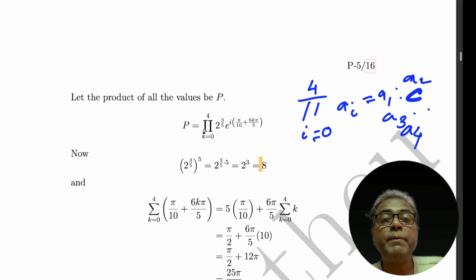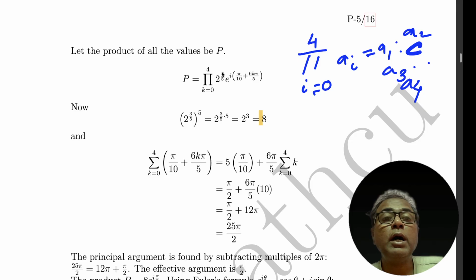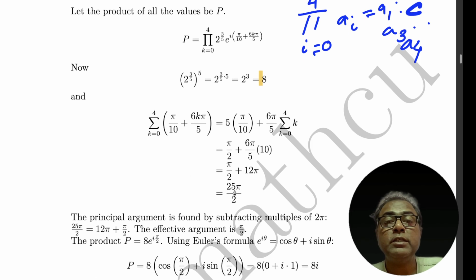So this is the capital pi product, k equal to 0 to 4, which means a1 times a2 times a3 times a4 times a5. So (2 to the power 3 by 5) to the power 5 equals 8, and the sum of these arguments, pi by 10 plus 6k pi by 5 for k equal to 0 to 4, gives 25 pi by 2.